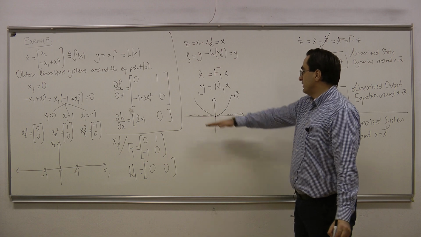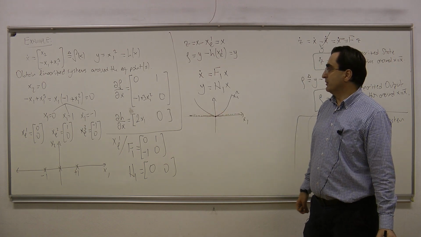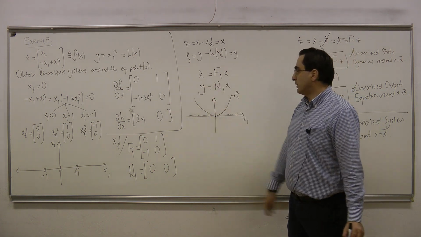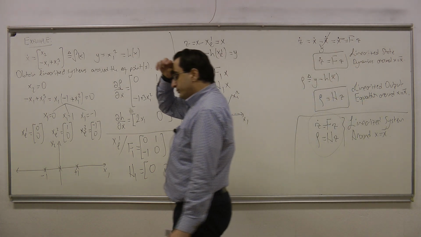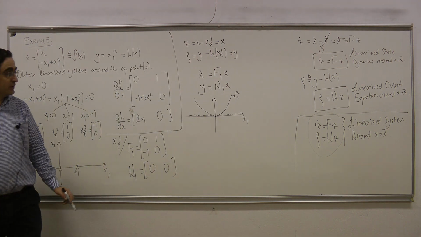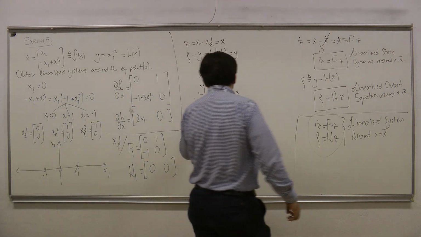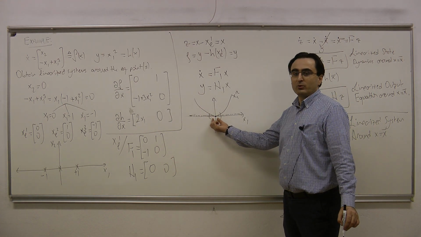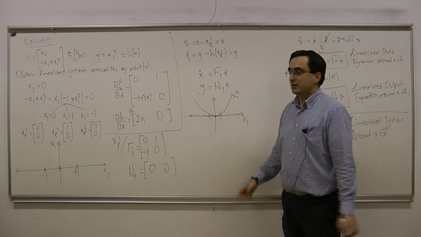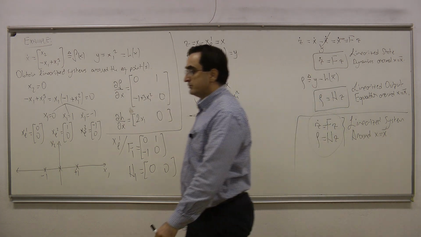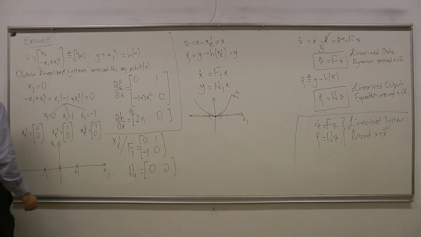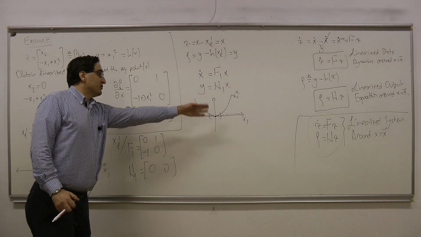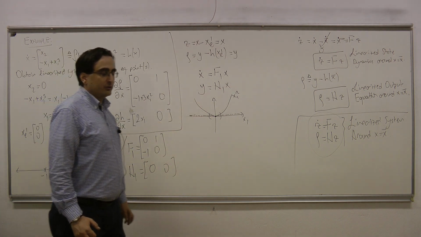But that is going to be the 0 function, which is what is happening in this output equation. H1 is 0, so y is equal to 0. So the first order Taylor series approximation is really accurate when we are very close to the origin, but it would be really terrible if we are far away from the origin. Okay? So a first order approximation tells us to choose the output exactly equal to 0.